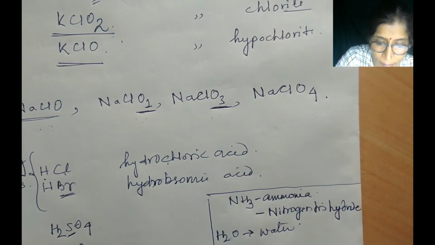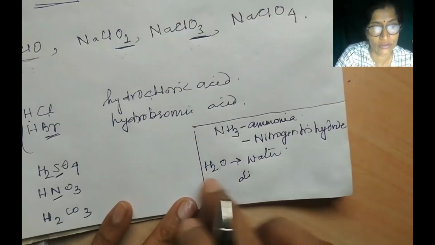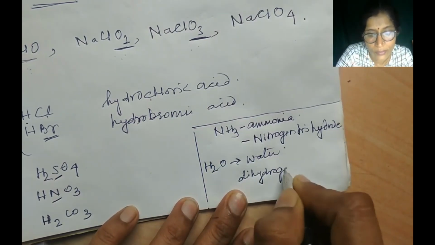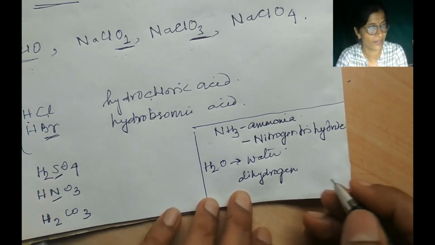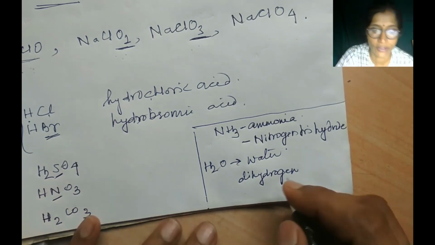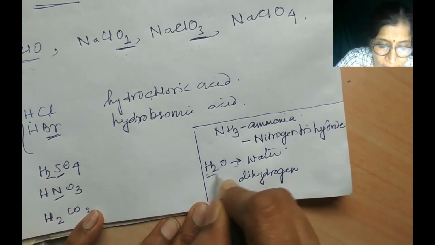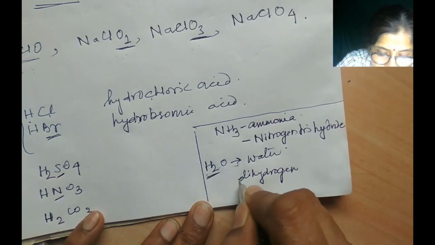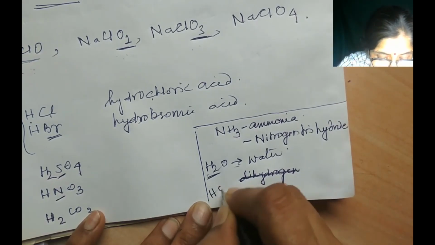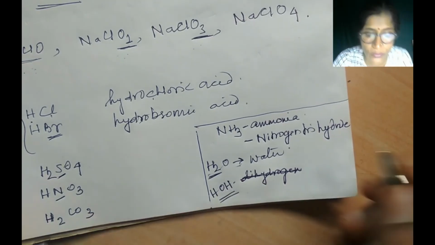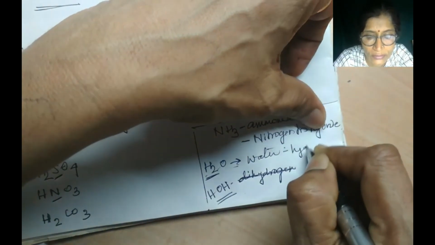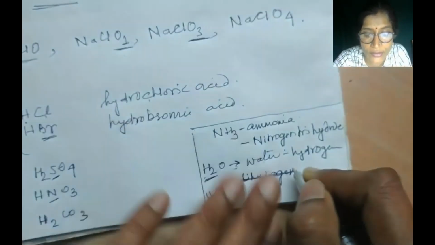And the name of this compound: hydrogen is two atoms, so it is dihydrogen. Sorry, H2O actually looks like 2H, so we cannot write dihydrogen. It is HOH actually. So it is hydrogen hydroxide.